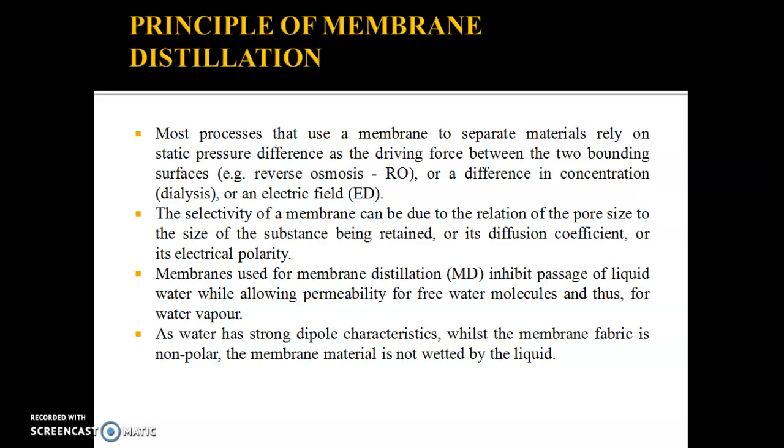This partial pressure difference is the result of the temperature difference between the two bounding surfaces, the upper side of the membrane and below the membrane, as can be seen in the image.